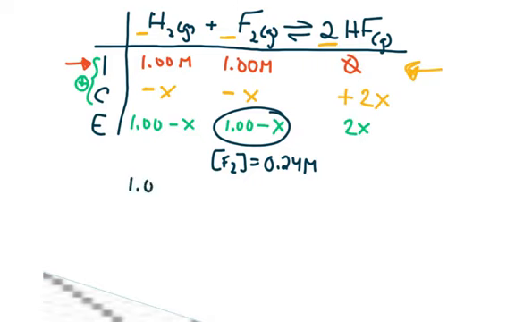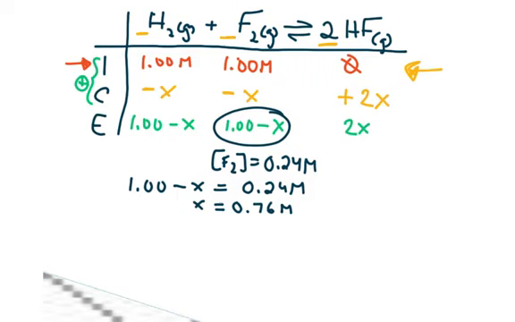So 1.00 minus X is F2 at equilibrium according to the table, and 0.24 moles per liter is F2 at equilibrium according to the question, which means I now have a way to solve for X. So I'm going to rearrange, and I'm going to solve.